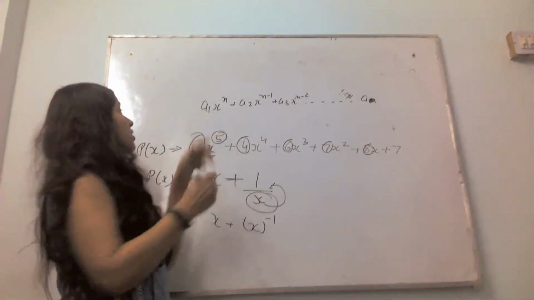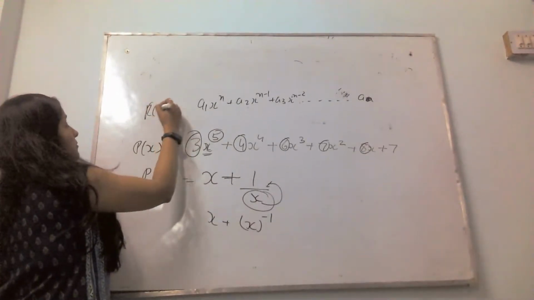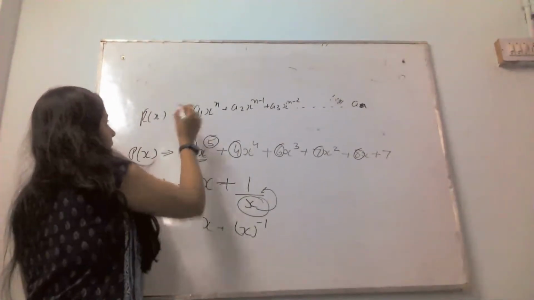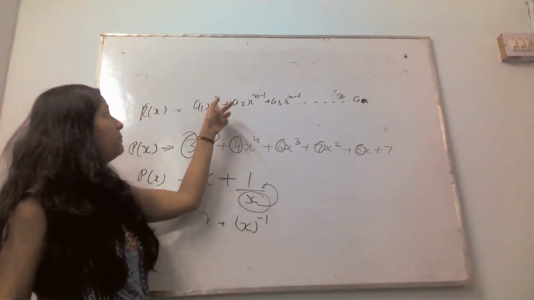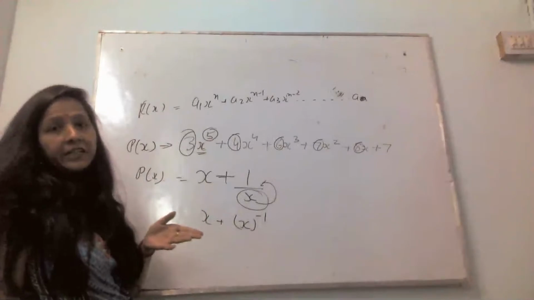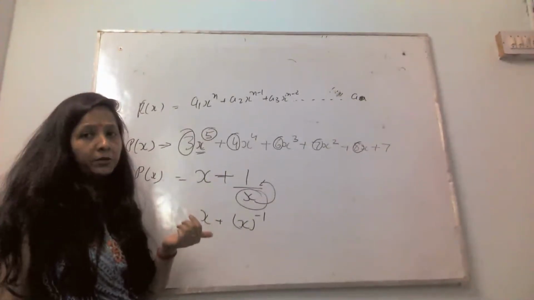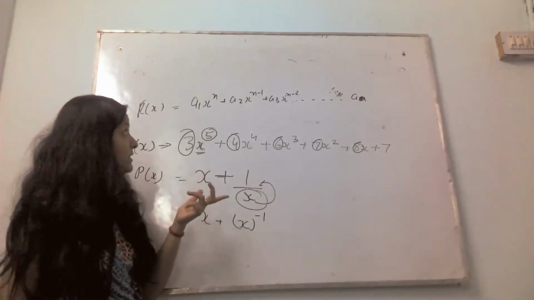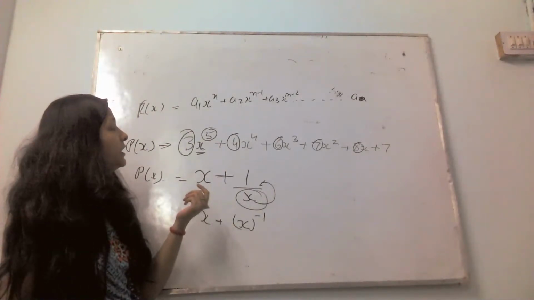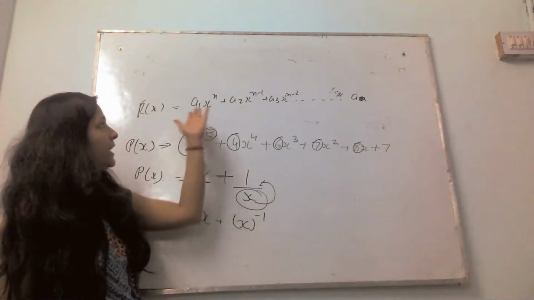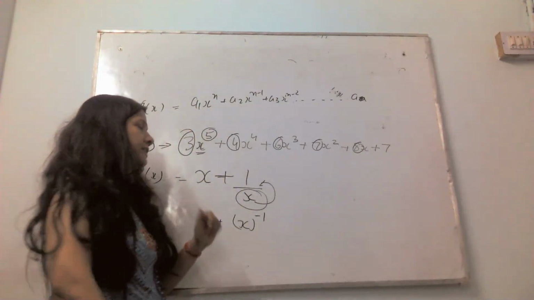Here it is a polynomial in the variable x. Again we are telling you that the power n should not be negative. It is a non-negative integer, a whole number. That is the polynomial.